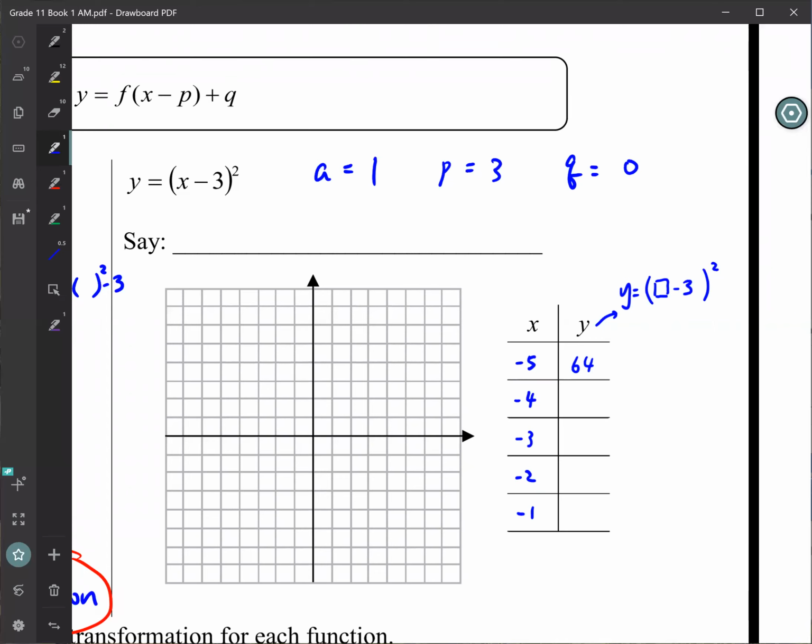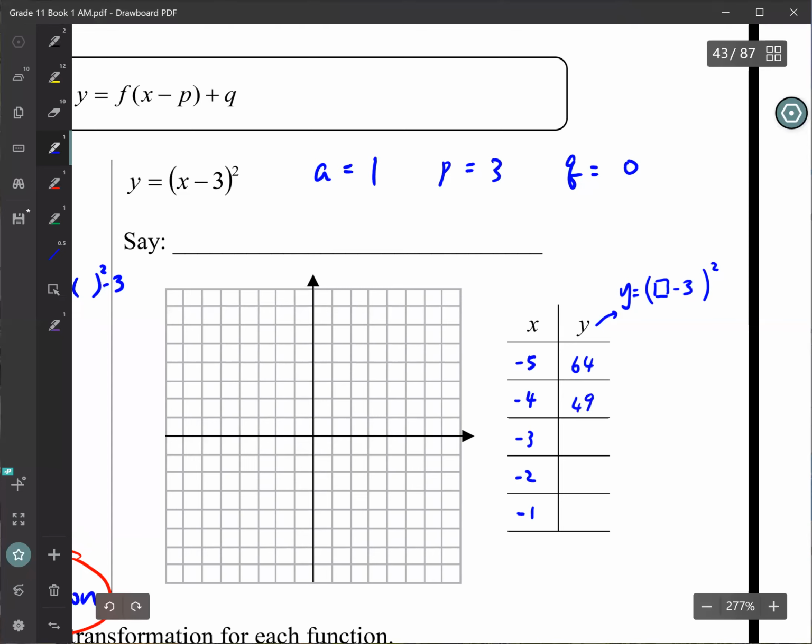So you guys continue plugging in the numbers. When you finish the table, please raise your hand. So we'll do one more. -4, plug it in. -7 squared, so 49.